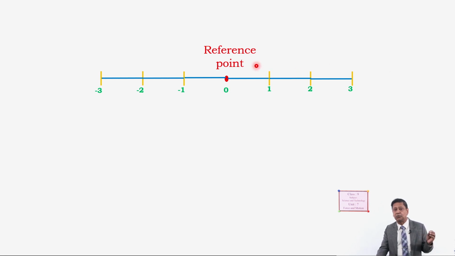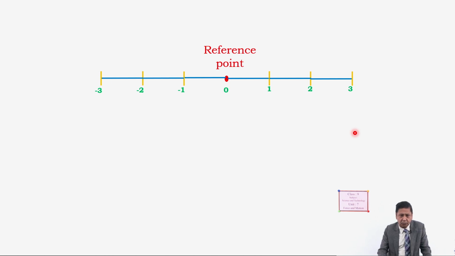If a body moves towards the right hand side, then the distance traveled can be considered to be in the reference direction. But if it moves towards the left hand side, then distance is traveled in the opposite direction. That's why, to find out whether the distance is traveled in the right hand side or reference direction or not, the left hand side marking is negative.